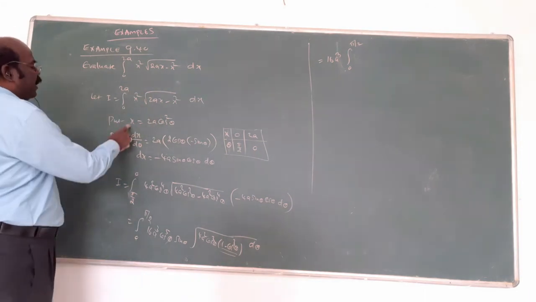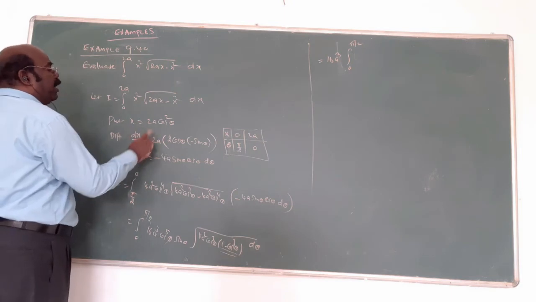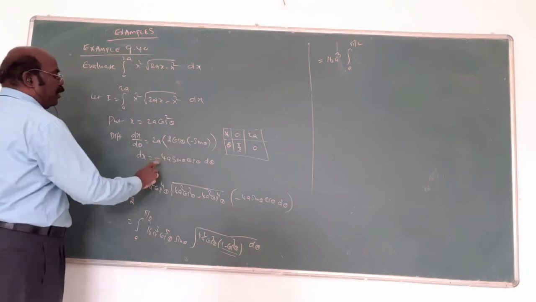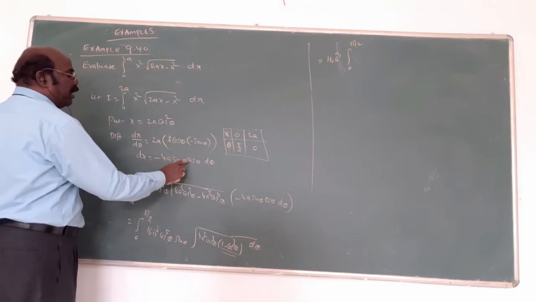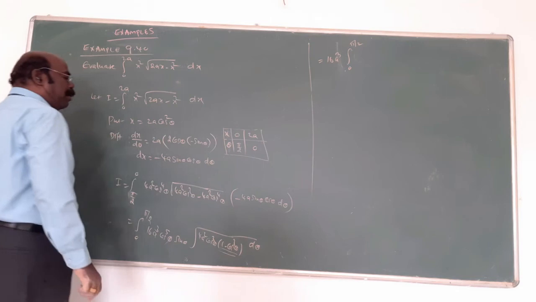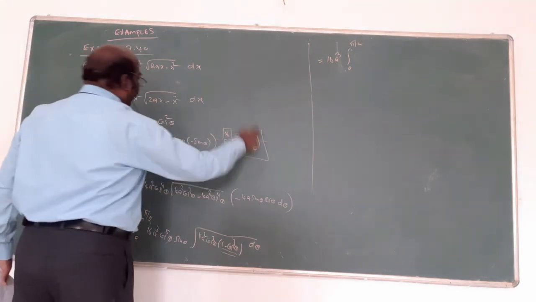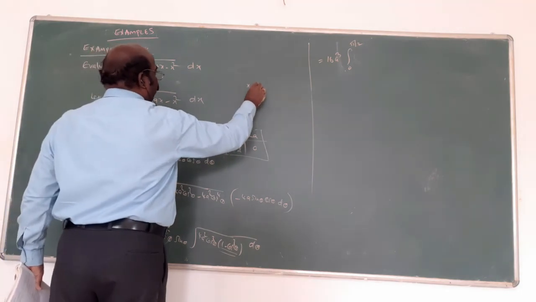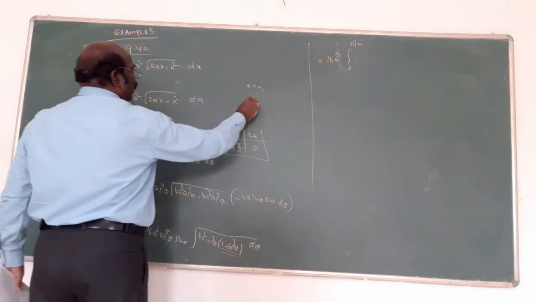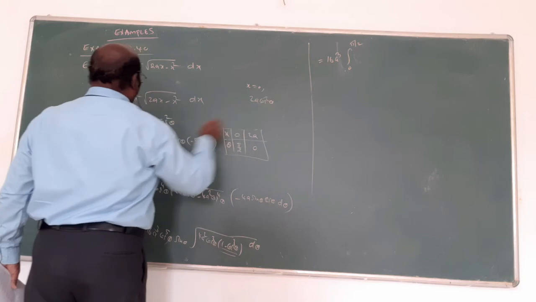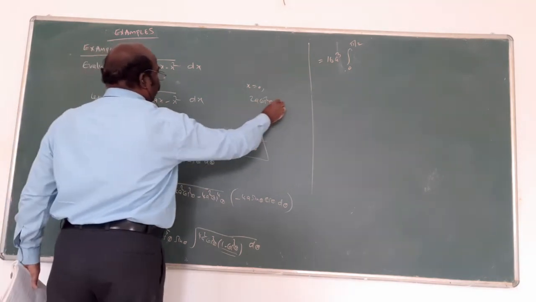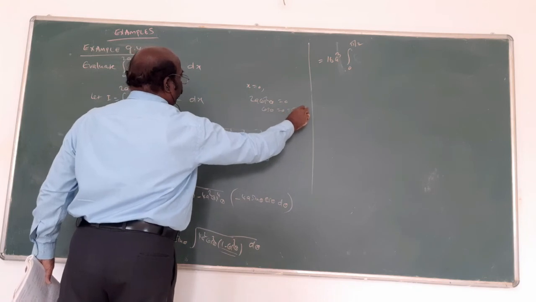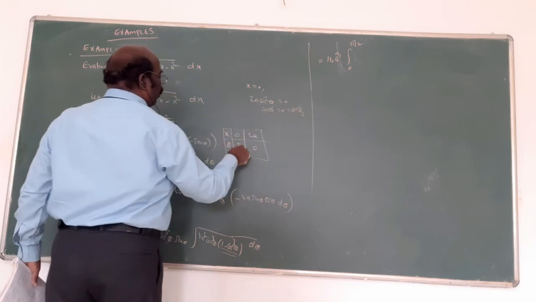Immediately differentiate with respect to theta. 2a into the derivative of cos square becomes 2 cos into minus sin. Multiply: minus 4a sin theta cos theta d theta. Now the limit changes. X will be 0 to 2a. When x equals 0, 2a cos square theta equals 0, so cos theta equals 0, which is cos pi by 2, so theta is pi by 2.